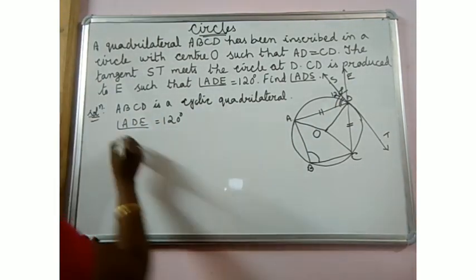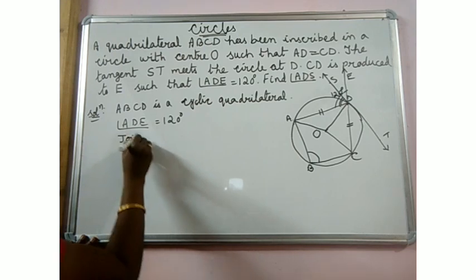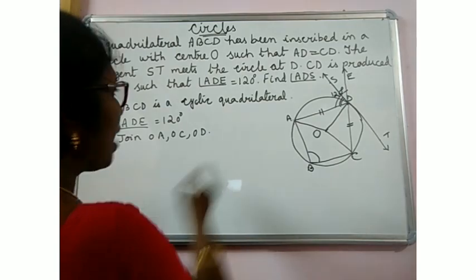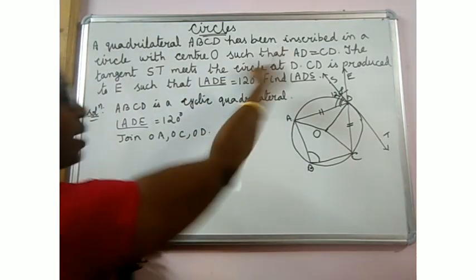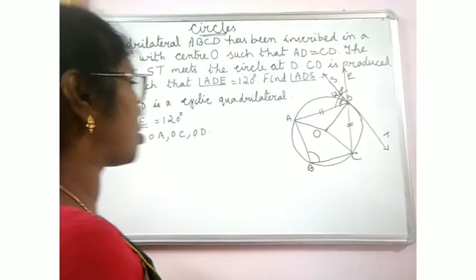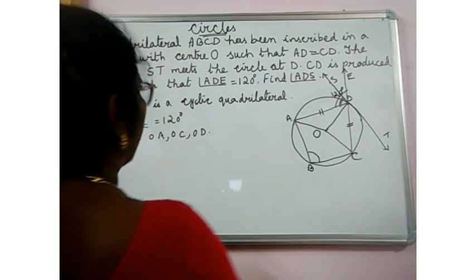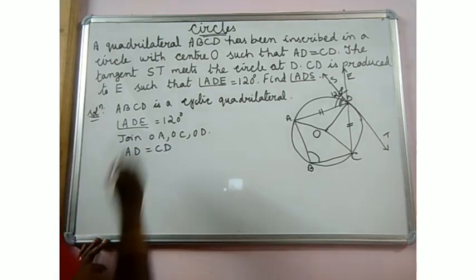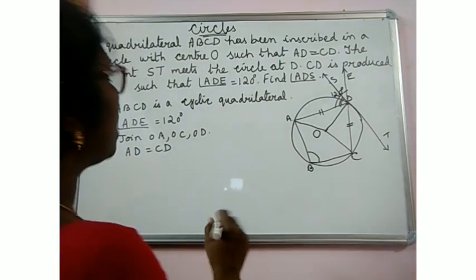That is what is given. Then join OA, OC, OD. I have written that because the joining is not given in the question. Then AD is equal to CD, also given. I hope this is clear.